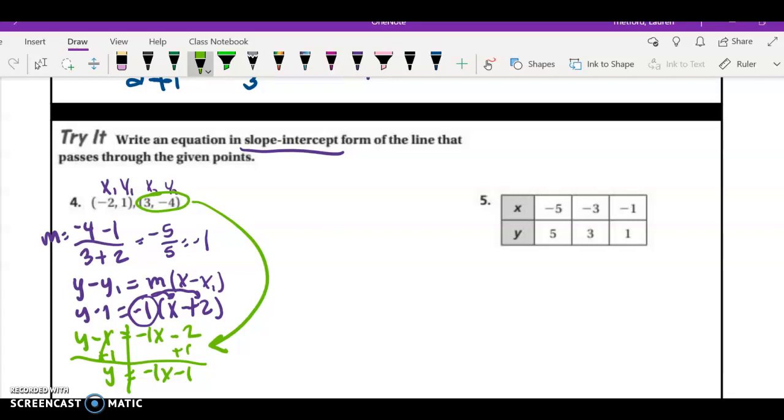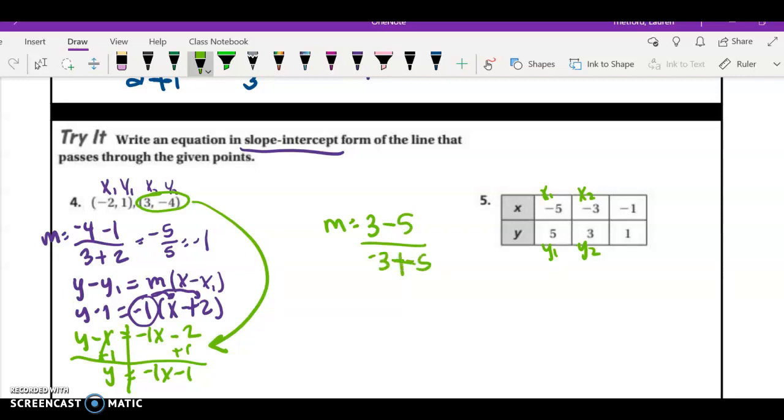Okay, so then, again, I need to find my slope. So 3 minus 5 over negative 3 minus negative 5.